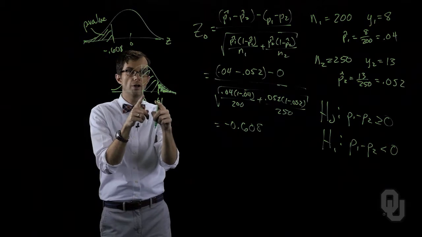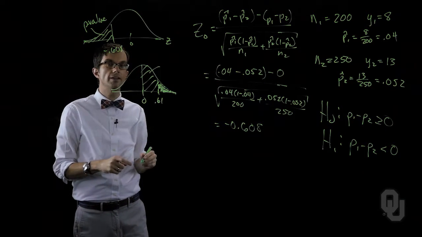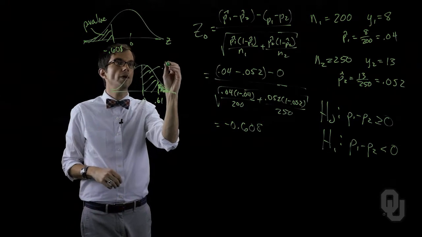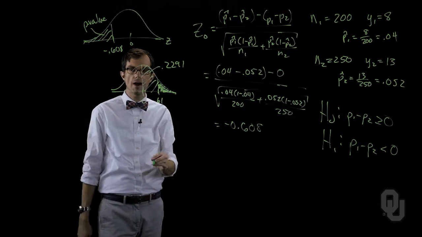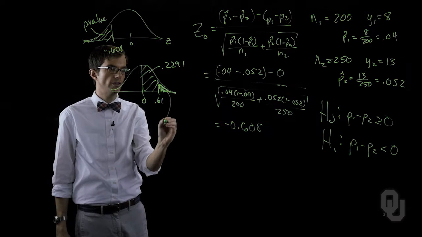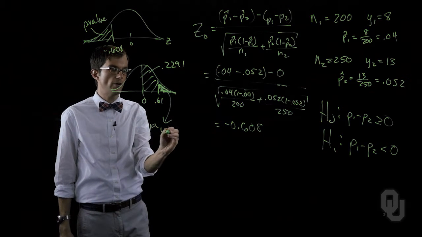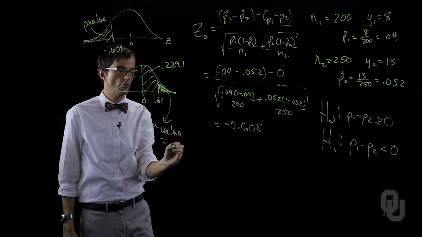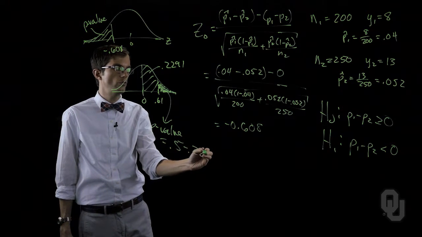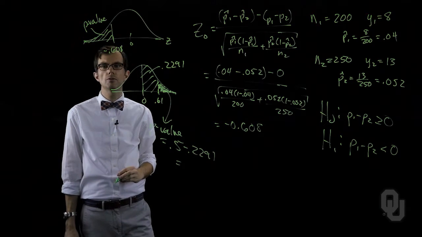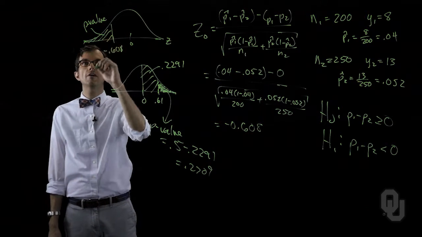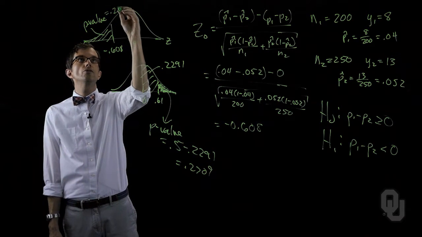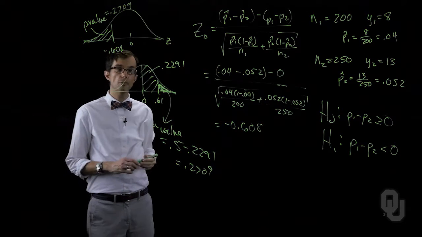So we're going to have to take what we find in the lookup table, which is 0.2291, and subtract that from 0.5. So the p-value is equal to 0.5 minus 0.2291, which is equal to 0.2709. That's our p-value.